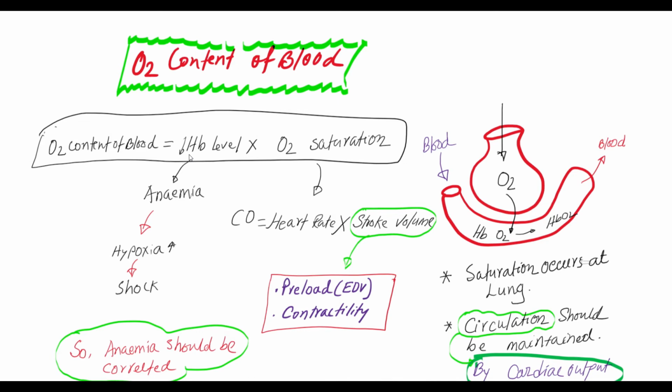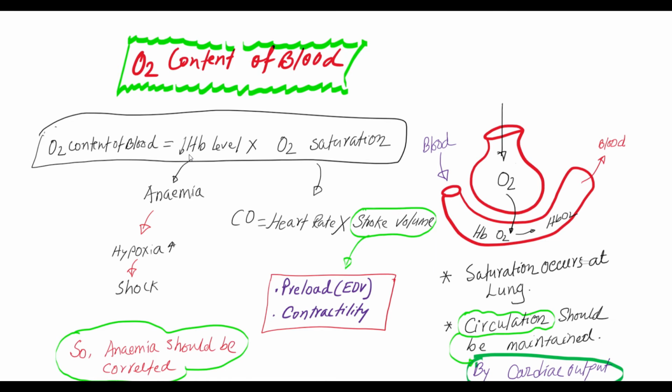To understand oxygen saturation, please look here. This is your alveoli and this is your pulmonary bed. Deoxygenated blood enters and becomes oxygenated here. Oxygenated hemoglobin exits from here. So oxygenation of blood occurs in the pulmonary bed, and this oxygenation or saturation is maintained by circulation.